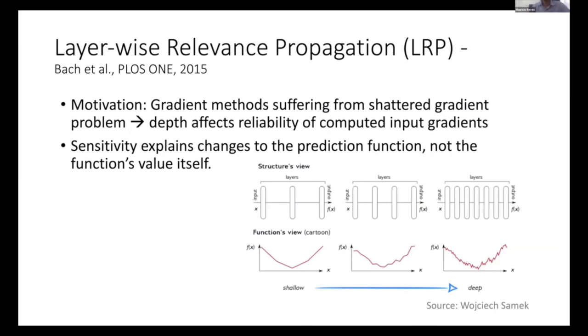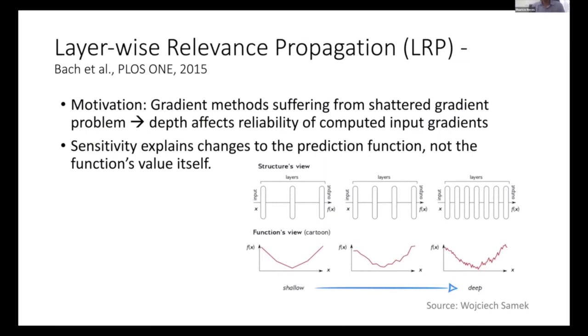So the gradient values are very small, and also they get very shaky. So as I go down, you can see here, my gradient information starts getting very perturbed. And this affects many of the approaches we saw before. They create a lot of noise in the saliency maps.